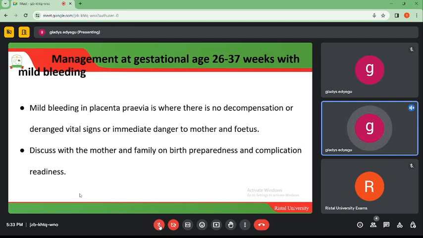So we need to talk to the mother, we need to talk to the family, tell them about the possible ways of delivering, and also tell them the possible complications so that they can be ready to handle the complications together with you, the health worker.